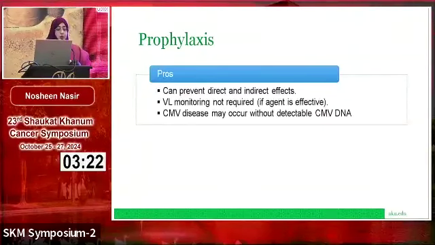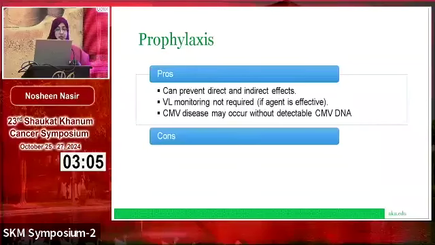Viral load monitoring is not required. So if all the patients are on prophylaxis, then you don't need to regularly monitor their viral loads. It also prevents CMV disease which may occur without detectable CMV DNA, and we know those can happen, despite checking the viral loads periodically.